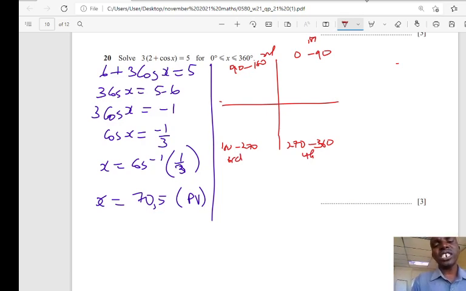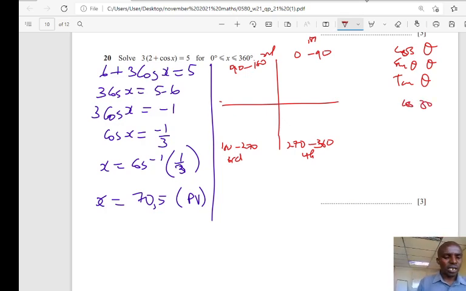In the first quadrant, all are positive. We have cos theta, sin theta, and tan theta. For cos theta, theta is a number between 0 and 90. It's very easy. You just take your calculator and pick a number between 0 and 90. For example, take 30.